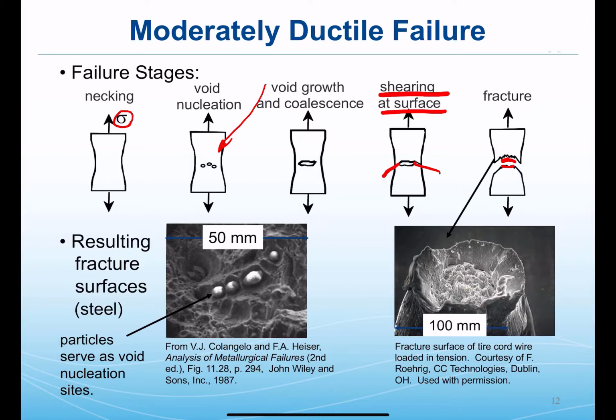And so we'll see a lot of texture there. And ultimately, something has led to the nucleation. Typically, it's a foreign material like a particle or other deliberately added materials. So particles or impurities tend to serve as void nucleation sites to begin the void nucleation and ultimately lead to coalescence and permit final shearing.